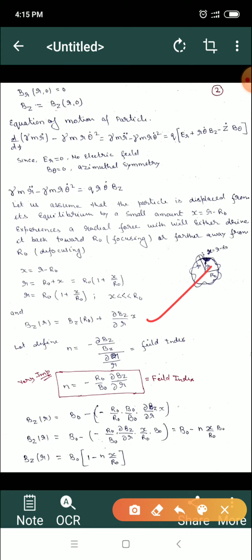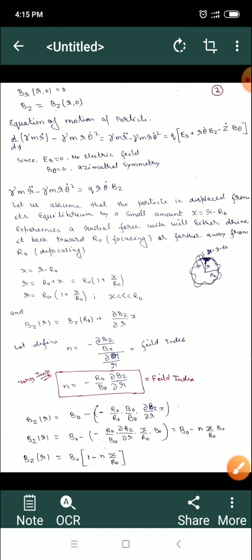So we can write Bz(r) is equal to B0 minus r0 upon B0 del Bz upon del r into x upon r0 times B0. This quantity is exactly the field index. So we can write Bz(r) is equal to B0 minus n x upon r0 times B0, or Bz can be written as this equation.